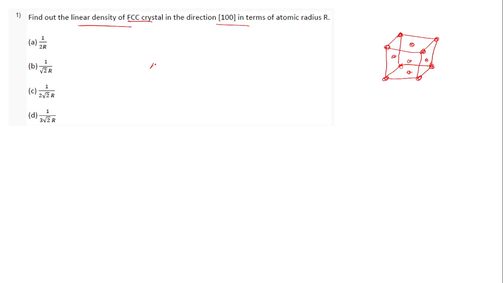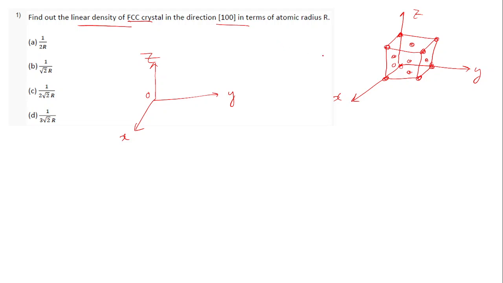Now if I consider this my origin, this is the x-axis, this is the y-axis, and this is the z-axis, or let's make the x-axis here itself, this is the y-axis, this is the z-axis, that means this corner is our origin. Now we have to take 100.